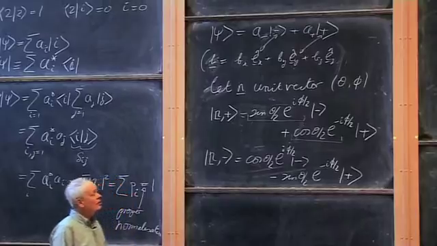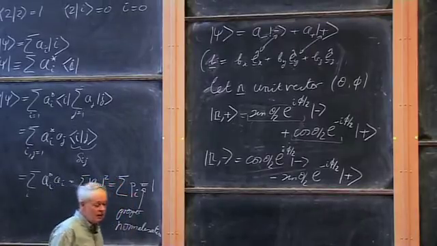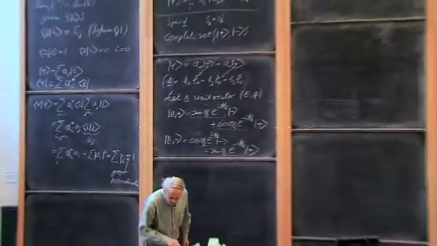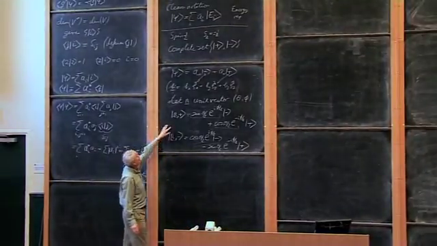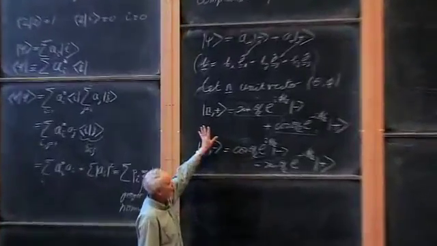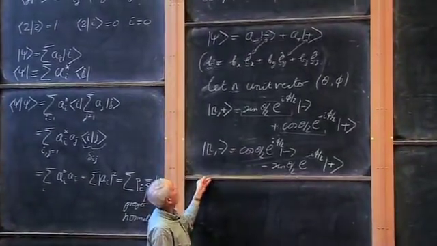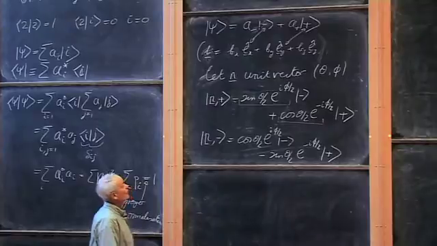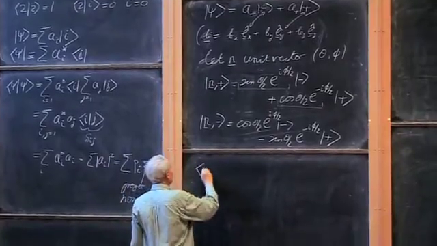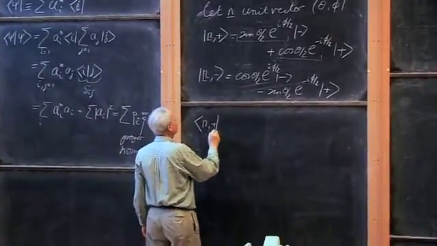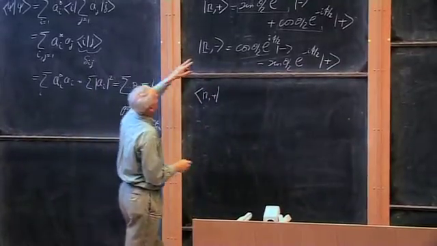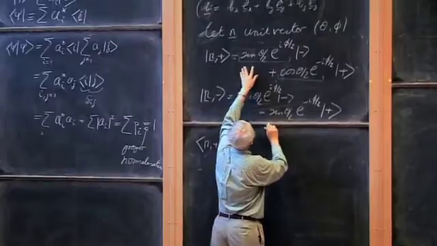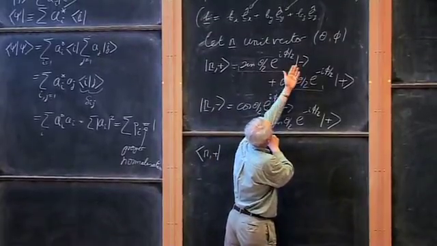Now, in order to calculate something useful, we need to know what the bras are that belong to those, right? So these are the kets. I will want to do something with the bras in a moment. So let's calculate what the bras are. So we have the bra n comma plus. The rule is that we take the complex conjugate of whatever comes in front of this, and then we change this into a bra.